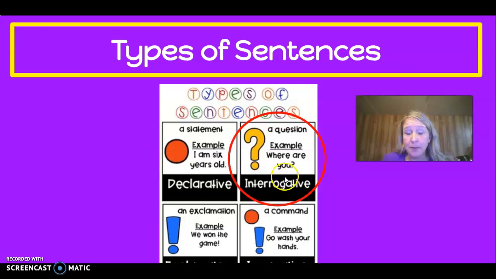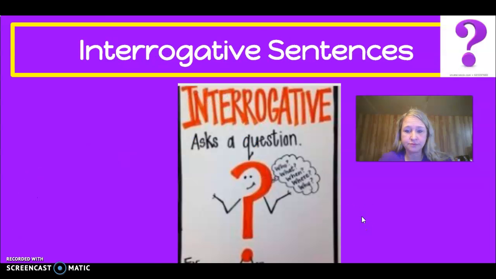So for example, where are you would be a question. That's an interrogative sentence. It's asking you a question and it ends with a question mark. So an interrogative sentence asks a question.